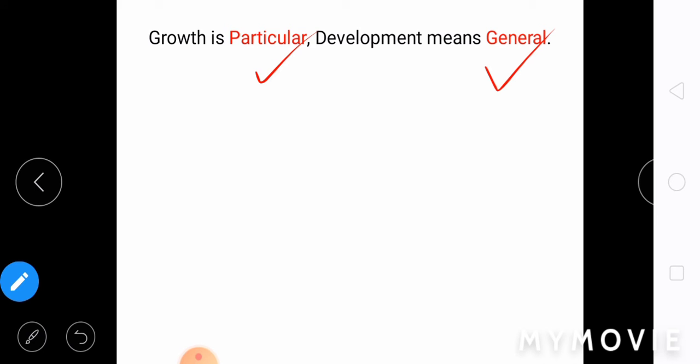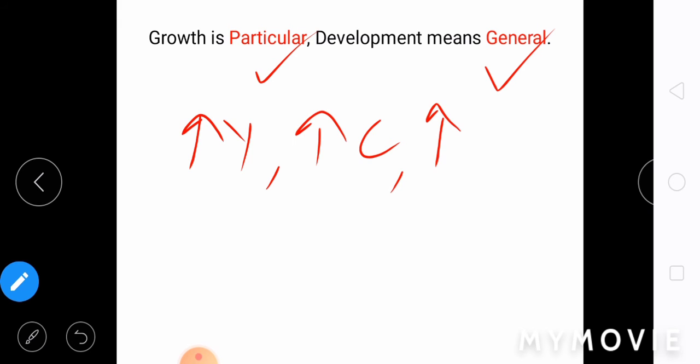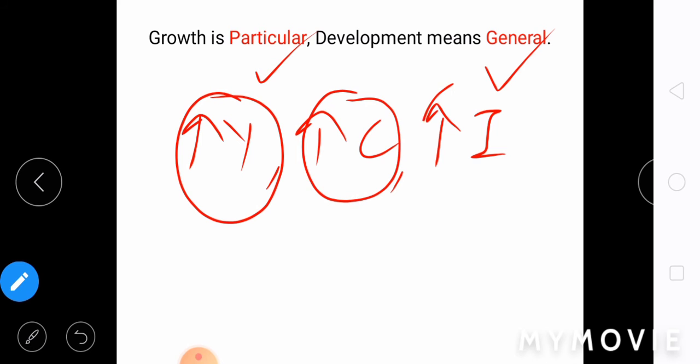As I have said earlier, growth means an increase in some economic variable, say income, say increase in consumption, or say increase in the level of investment and so on. All these economic variables mean economic growth. But development is general in the sense that it includes the overall increase of all economic variables.